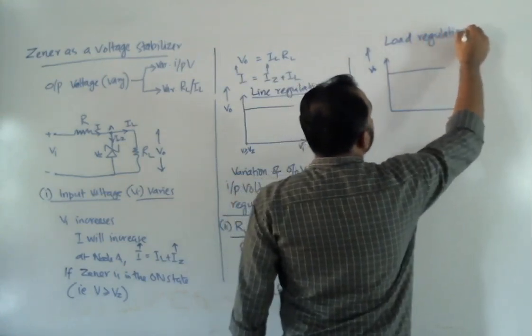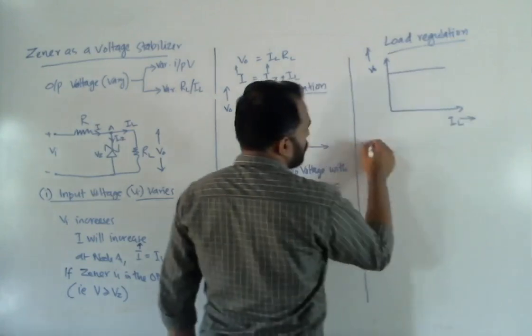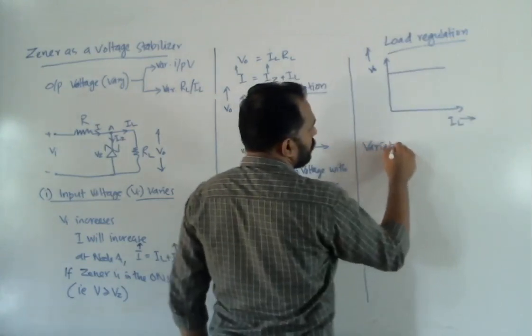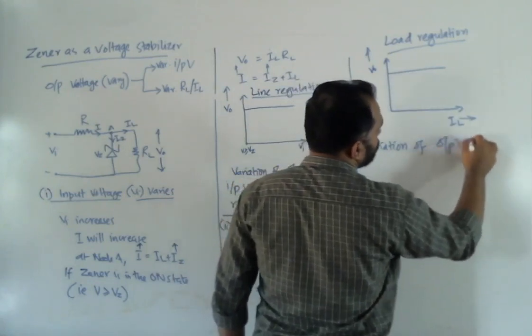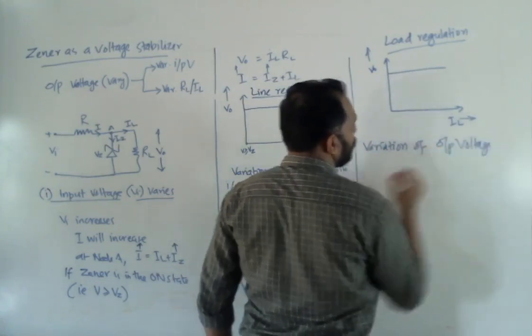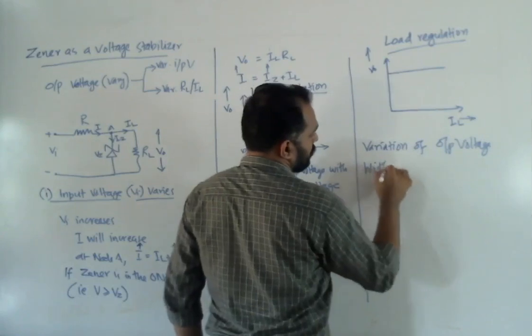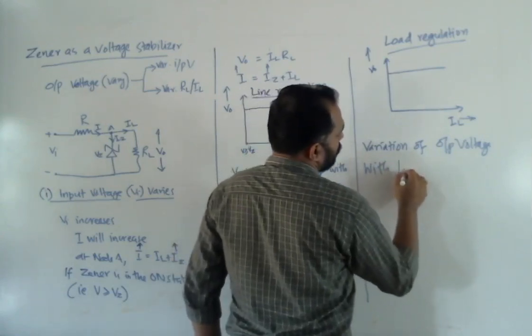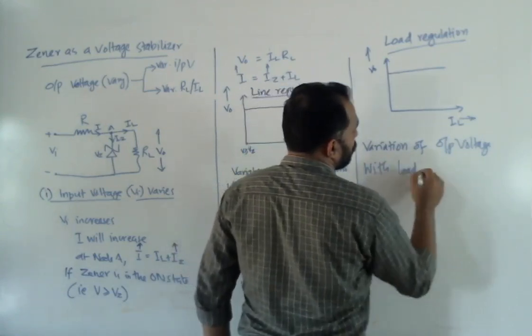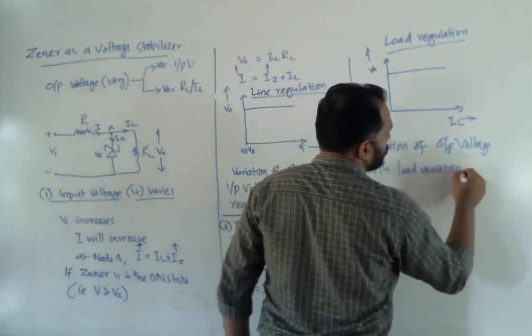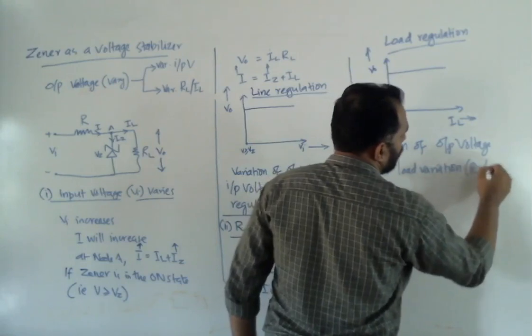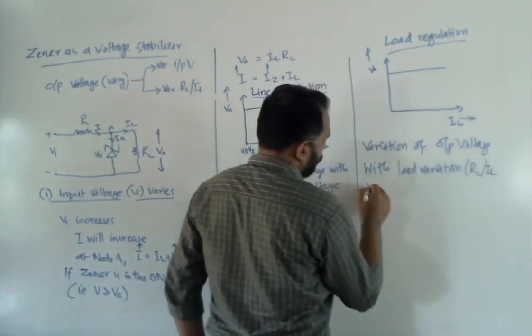So load regulation represents the variation of output voltage with load variations. Load variation means RL or IL may vary.